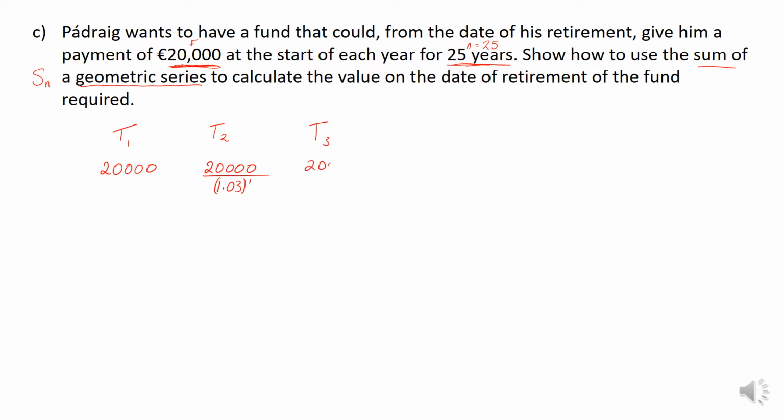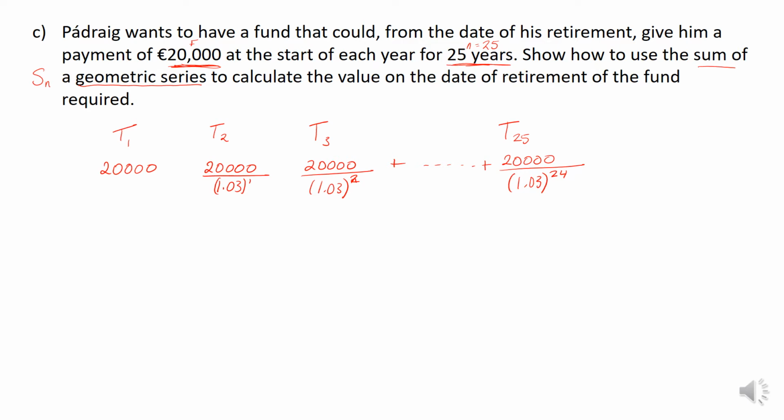T3 will be at the start of the third year, so actually it's at the end of the second year. That would be 2, sorry. And so on. And the last payment, the 25th payment, will be at the start of the 25th year, or it will have had 24 years to adjust its value.